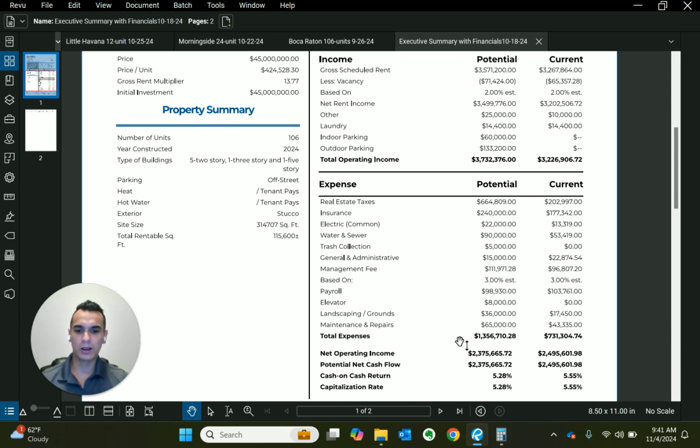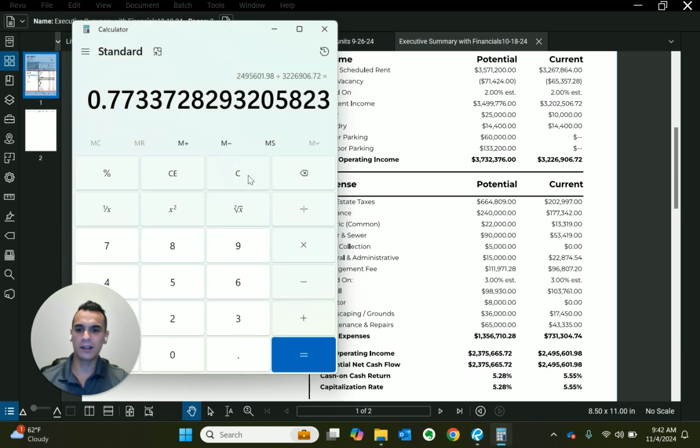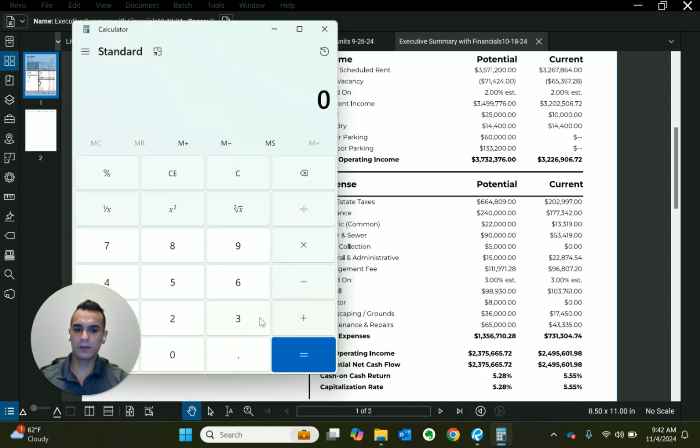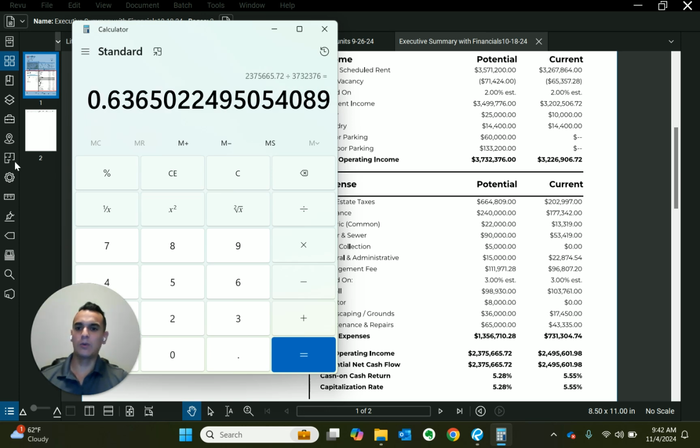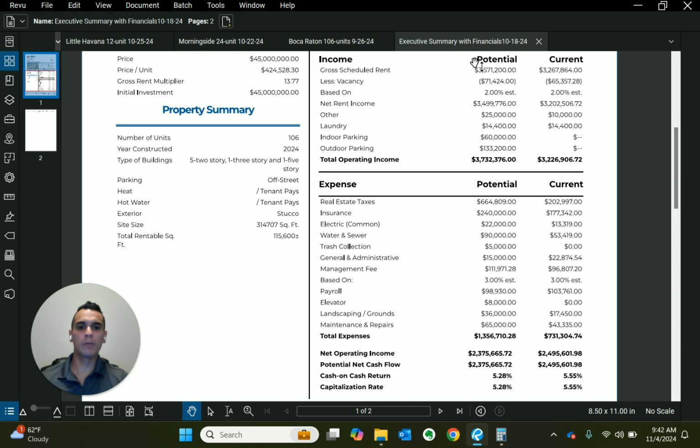Let's do a quick ratio check of the total expense: the net operating income of 2,375,665.72 divided by 3,732,376, and we get 63%, which is a lot more normal. So this is actually probably pretty in line.